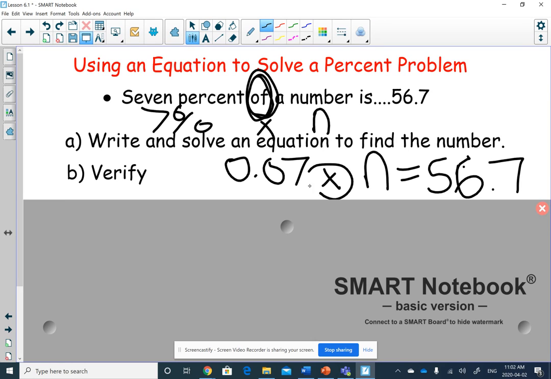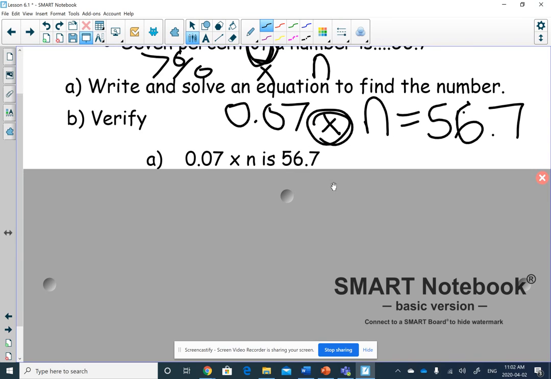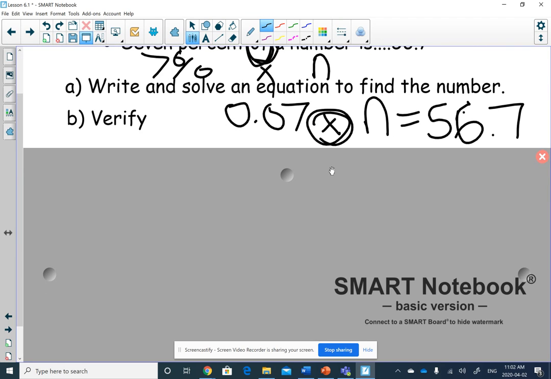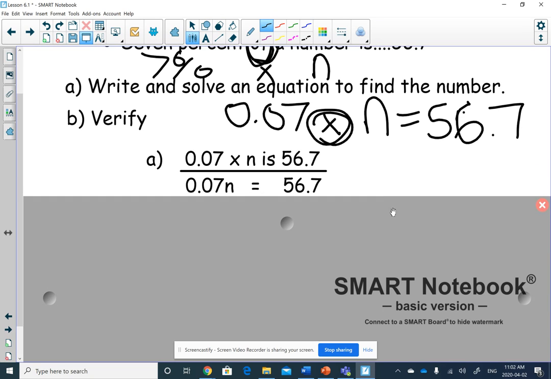And of course, I don't have to write this multiplication here. I could simply write it like 0.07x, or 0.07n, equals 56.7.